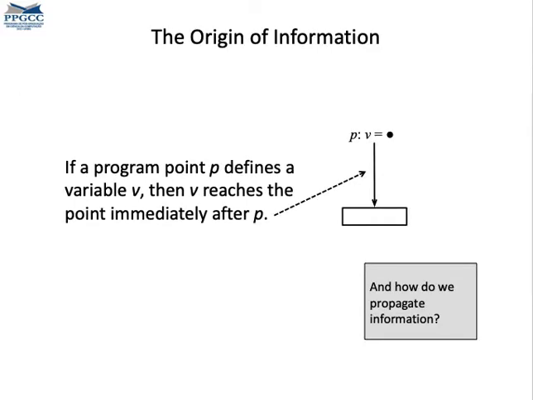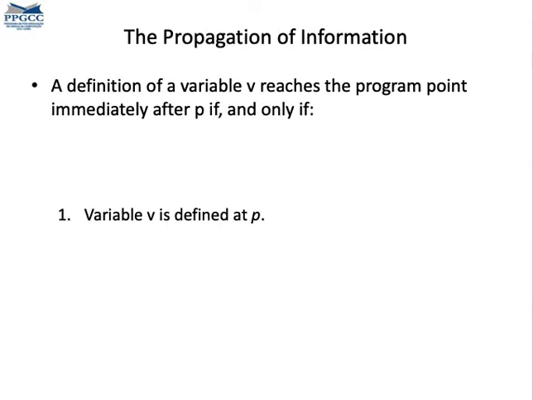If we have a definition of a variable, call it v, at a point p, then we know that this definition reaches the point immediately after p. That's because there was no time yet for any redefinition of v to be met. So, information originates on points where variables are defined, and it propagates forwardly.